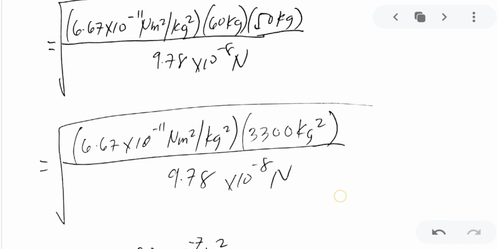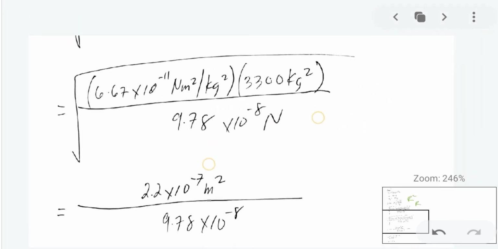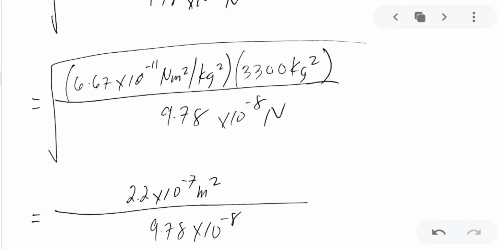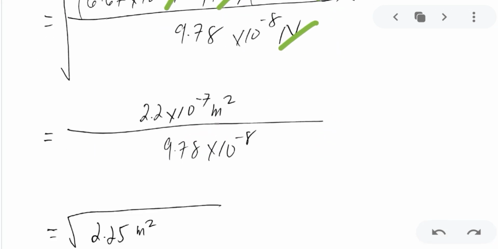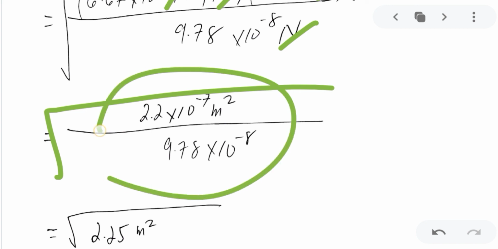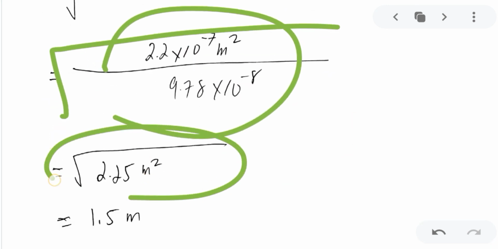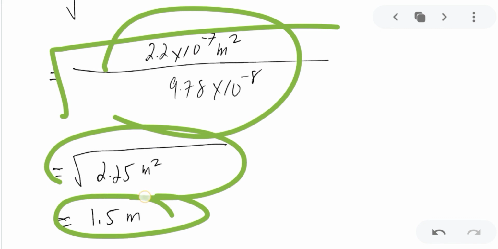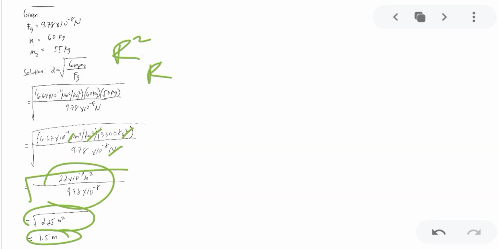Then cancel the units: cancel the Newton, cancel the Newton. You will be left with meter squared here. So, that is square root; I forgot to put that. Next, divide, and you will have 2.25 meters squared. Get the square root, and you will have 1.5 meters. So, that is the answer for that.